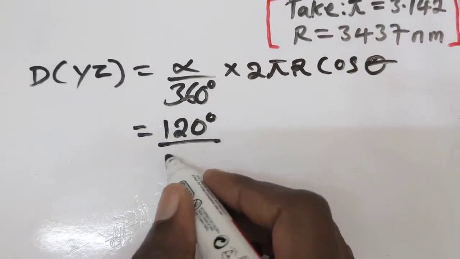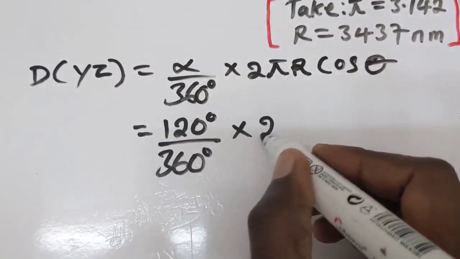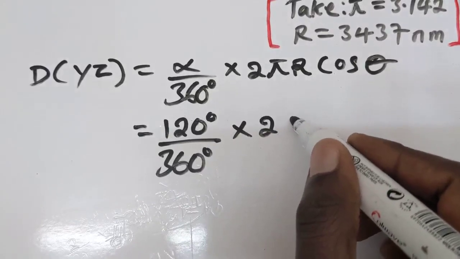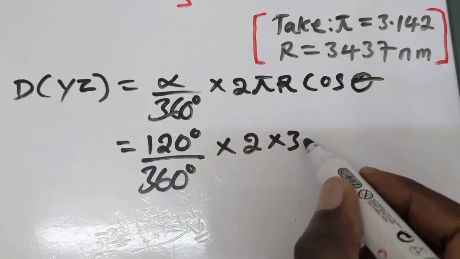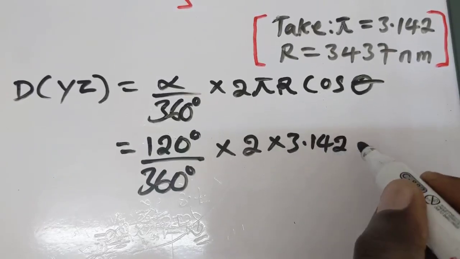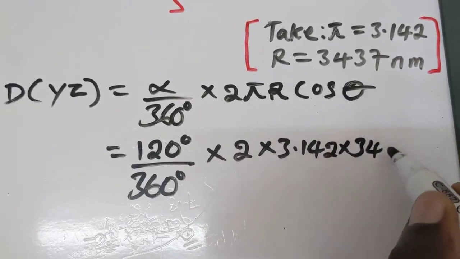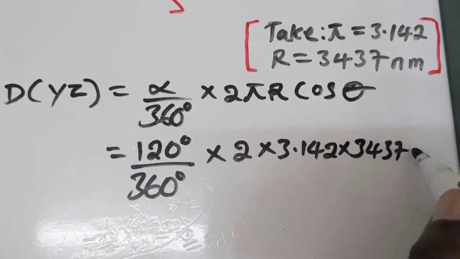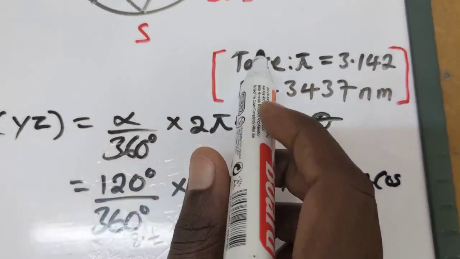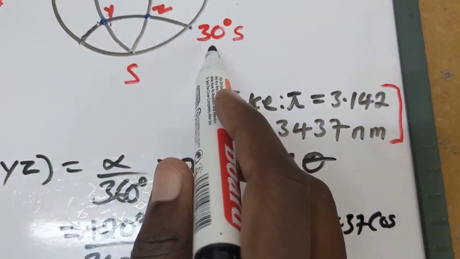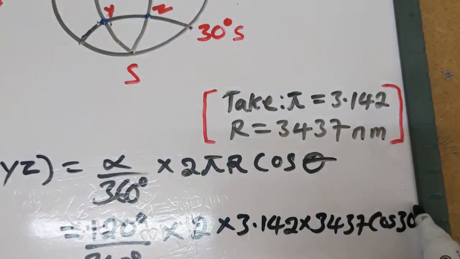Then you divide it by 360 degrees, multiplied by 2, multiplied by pi, which we are given as 3.142, multiplied by the radius, which we are given as 3437. Then we have cos 30 degrees, the latitude in which these two are.